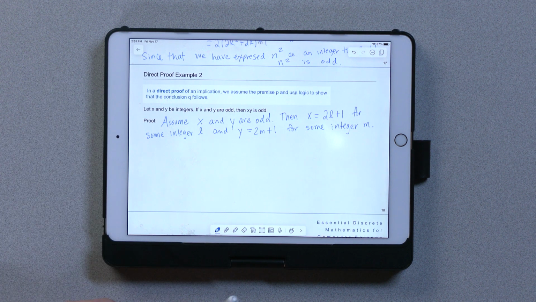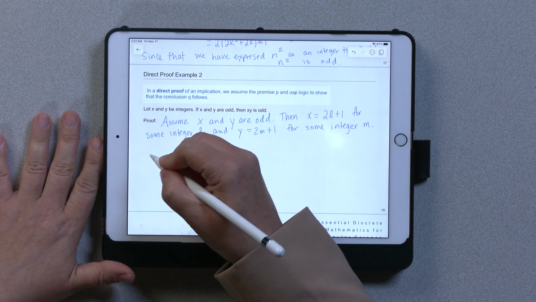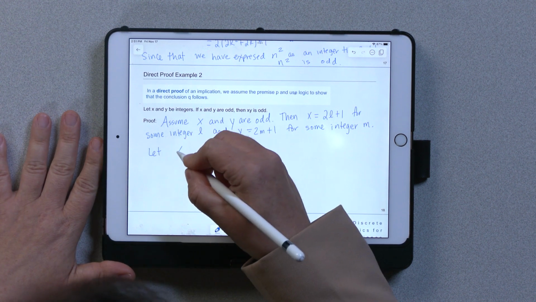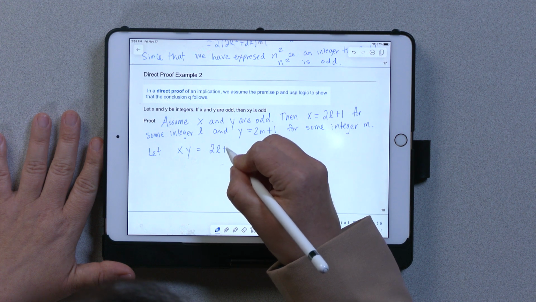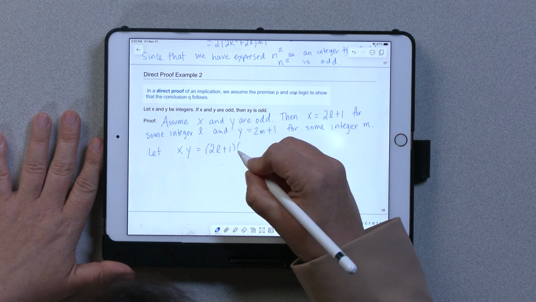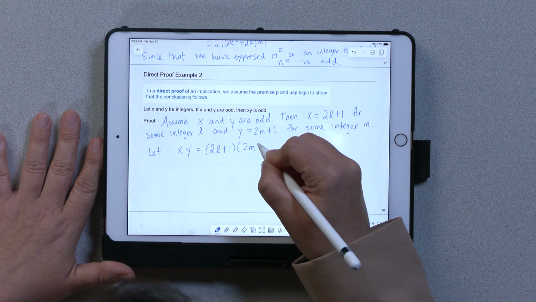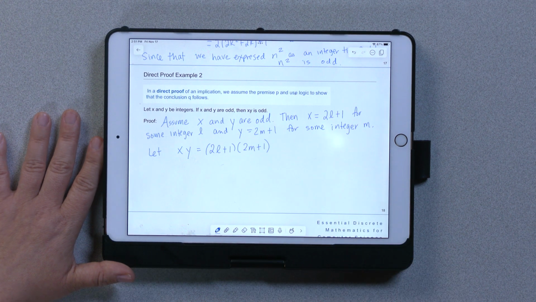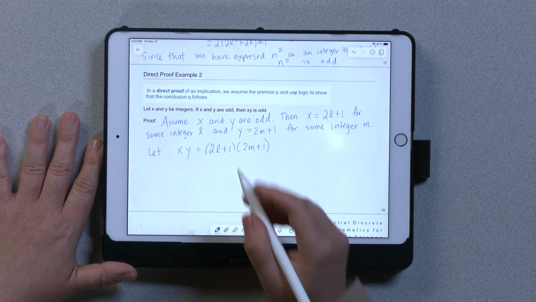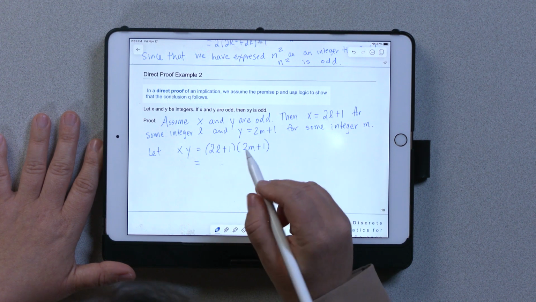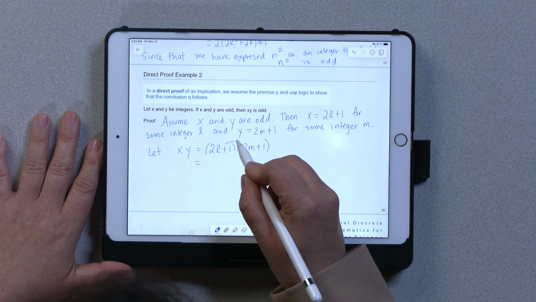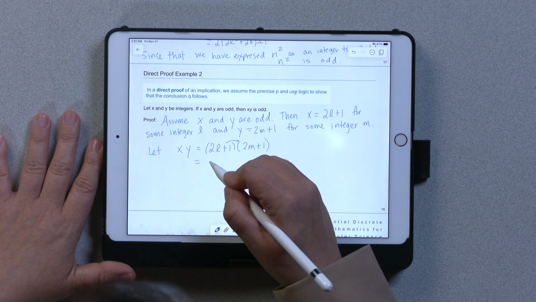Now, we want to show that x times y is odd, so let's just multiply them. Okay, once again, we just have to multiply them. So we're going to get 2l times 2m.